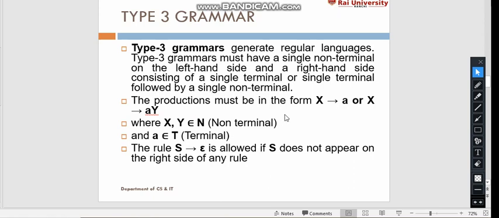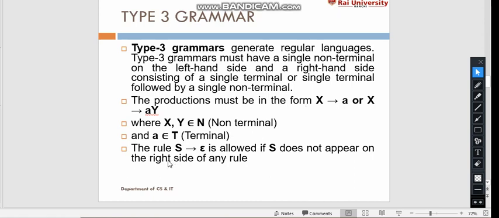Let's see one example. The production of the form X produces a, or X produces aY. Here on the left hand side we can see that there is only a single non-terminal, but the right hand side consists of a single terminal or a terminal followed by a non-terminal. Then this type of production is called a type 3 grammar or a regular grammar. This is a very restricted grammar.